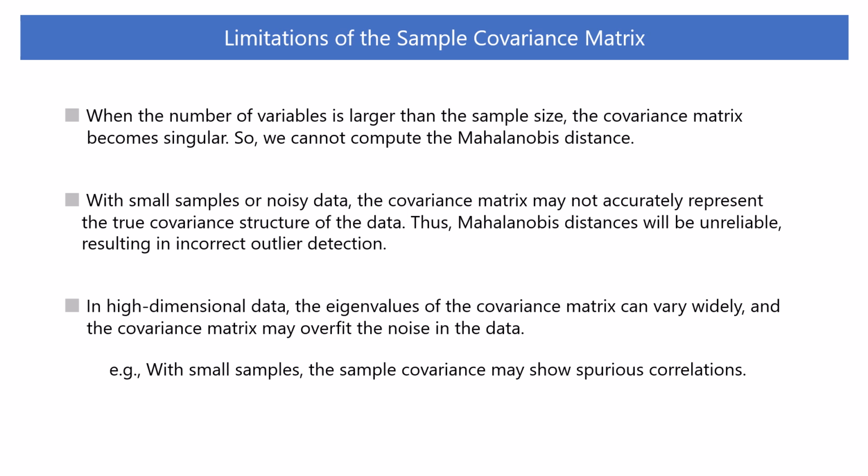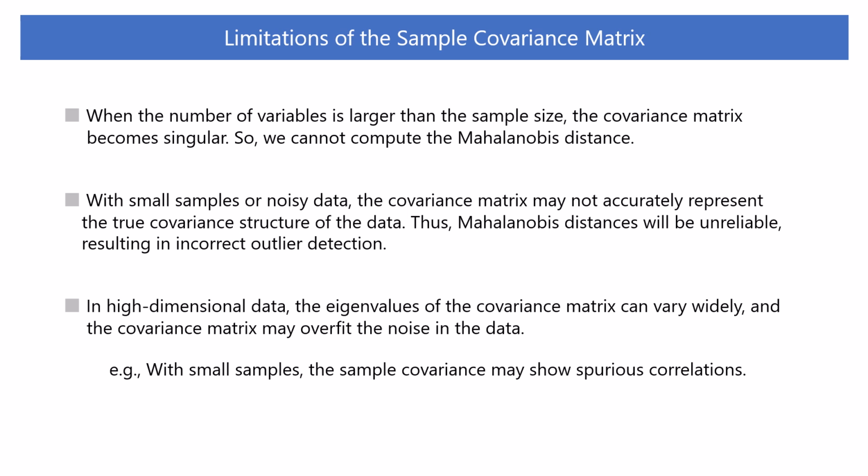So, we cannot compute the Mahalanobis distance. Second, with small samples or noisy data, the covariance matrix may not accurately represent the true covariance structure of the data. The errors in the covariance matrix can lead to unreliable Mahalanobis distances, causing incorrect outlier detection.